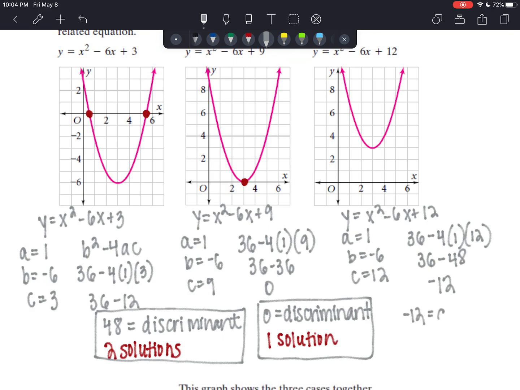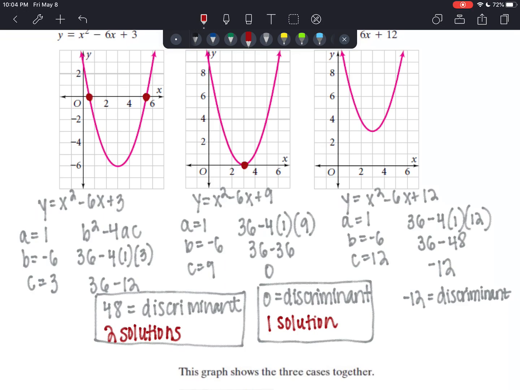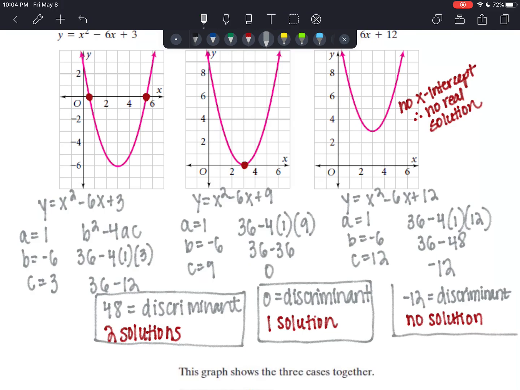So negative 12 is the discriminant, but this time I have no solution. There's no x-intercept. Therefore, no real solution. I say real because in algebra 2 we get to imaginary solutions, but we don't introduce those until algebra 2.